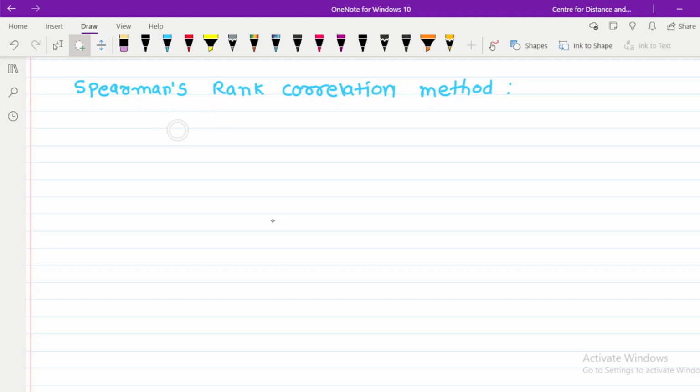Spearman's rank correlation coefficient is usually denoted by the symbol rho, R-H-O, rho, and is given by the formula rho is equal to 1 minus 6 into summation d square divided by n into n square minus 1. This is the formula for Spearman's rank correlation coefficient.